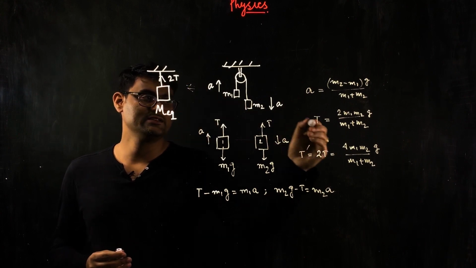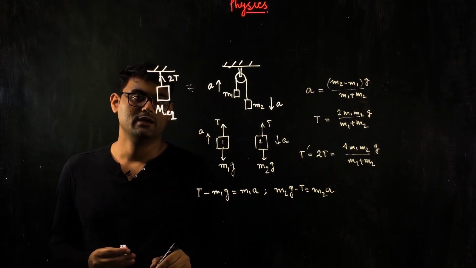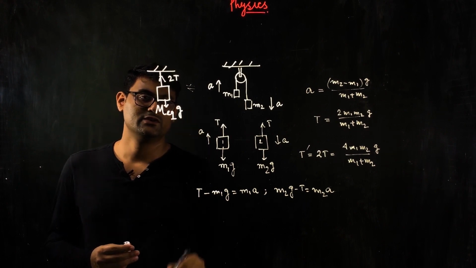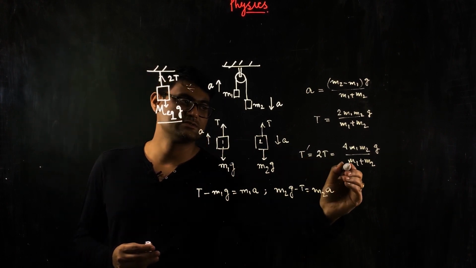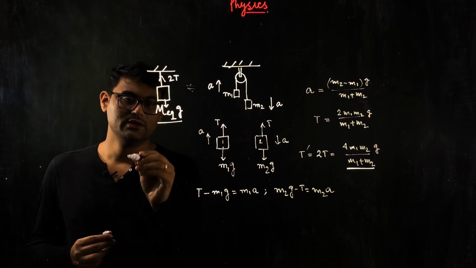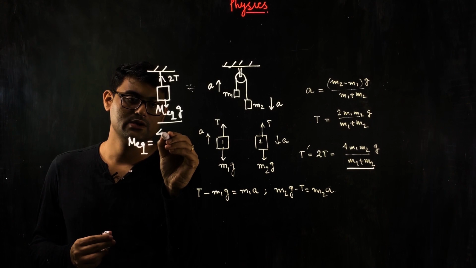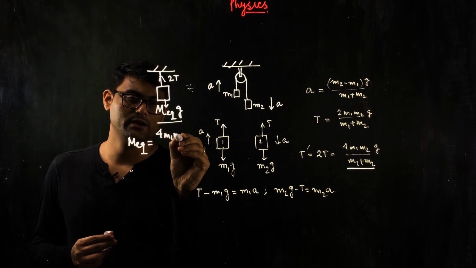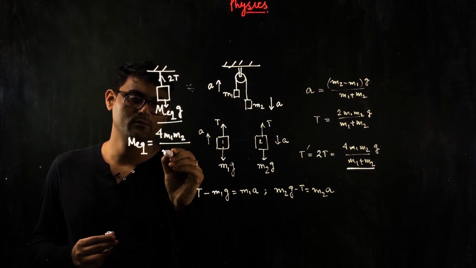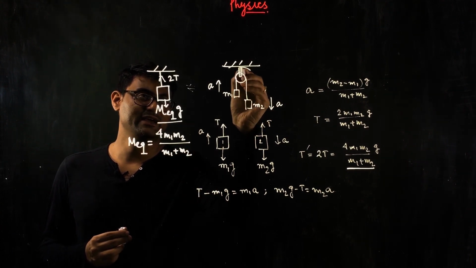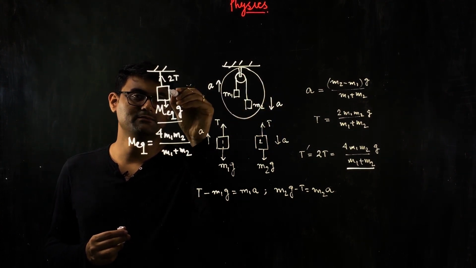So this 2T and this 2T will be the same, and this 2T will be equal to M equivalent into G. If I compare these two equations, you will get to know that the mass equivalent of this system can be written as 4 times M1 M2 divided by (M1 plus M2). So I can replace this entire system by a single mass like this.